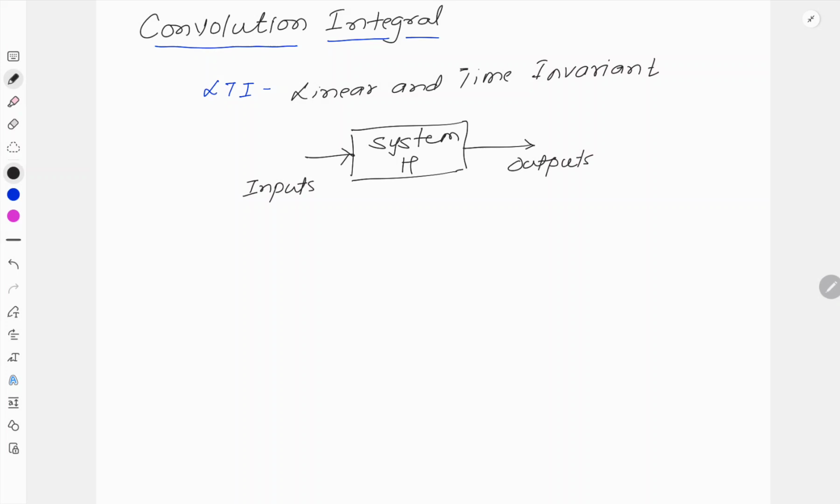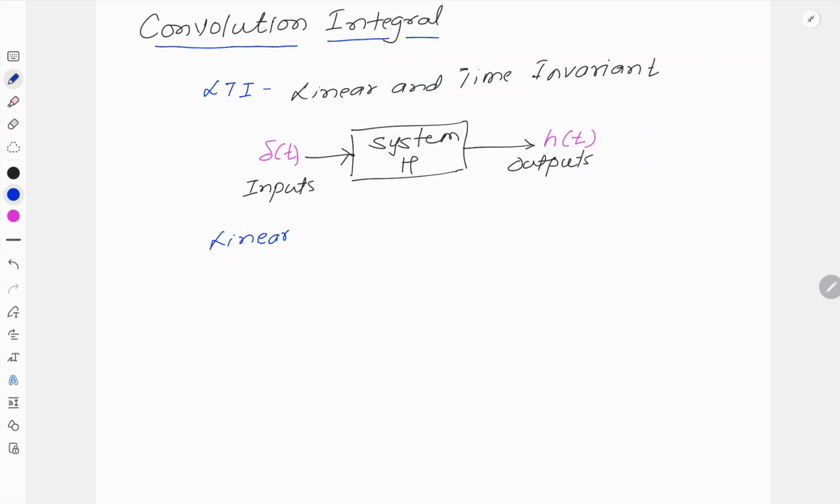Therefore, if I am applying an impulse function to the system, which is delta t, and if we go through the concept of impulse response, the output which I get for this system will be h of t, which is called the impulse response. Now, as our system is linear, we can change the input.